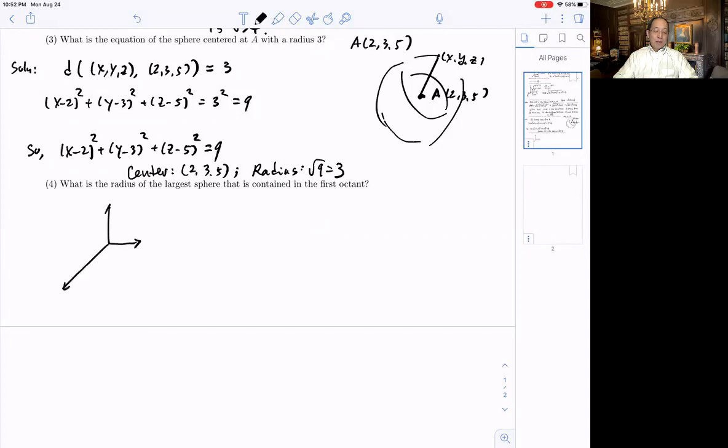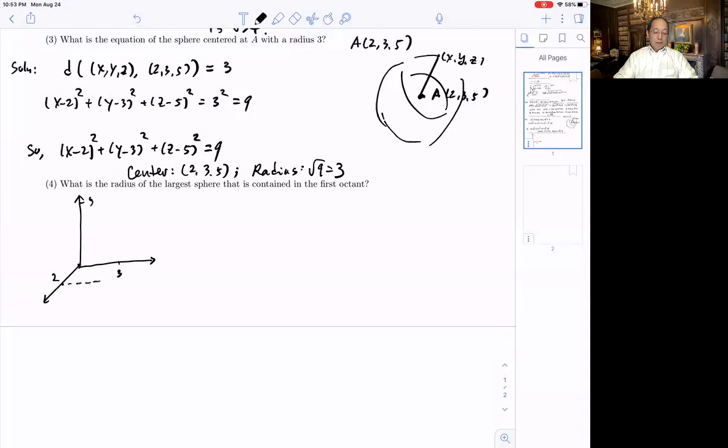So we have, maybe I should draw the x-axis shorter and the y-axis and z-axis a little bit longer. So let's do this. So this one over here is x and y and z, okay? So this is 2, and this is 3, and this is 5.